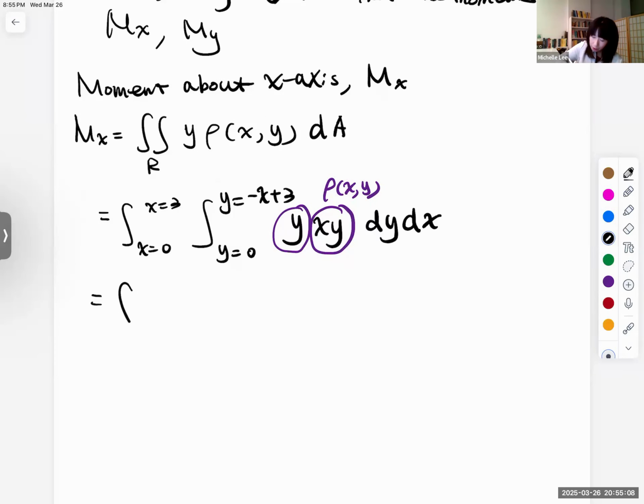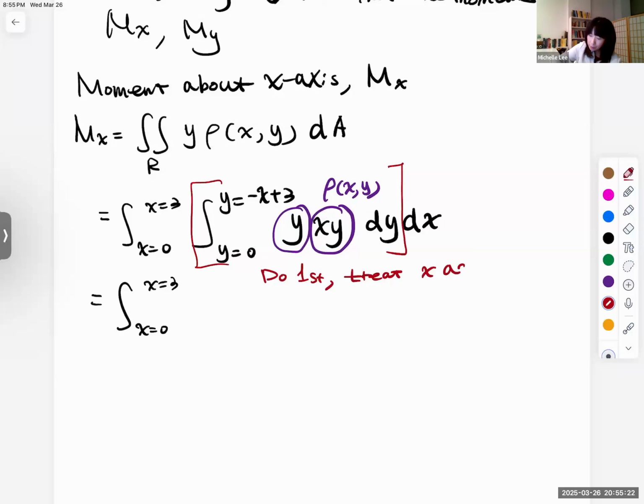So we have x equal to 0 to 3. We want to integrate with respect to y first, then we treat x as a constant.